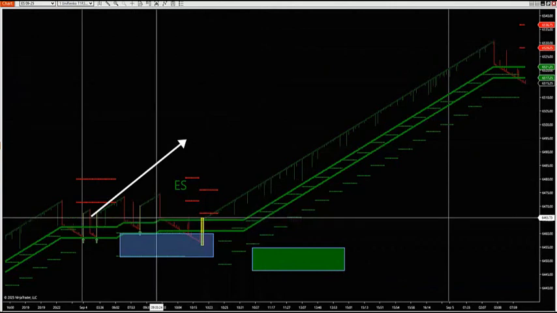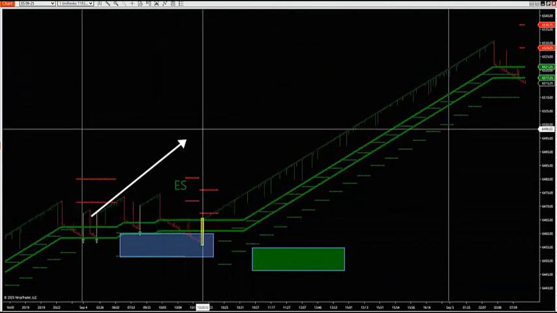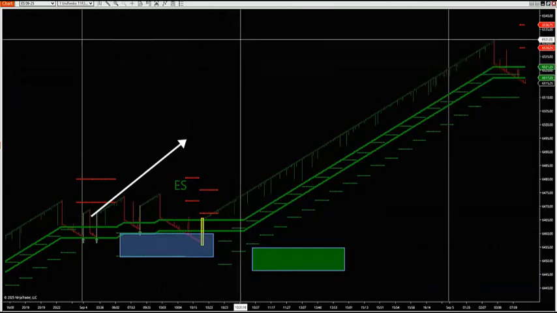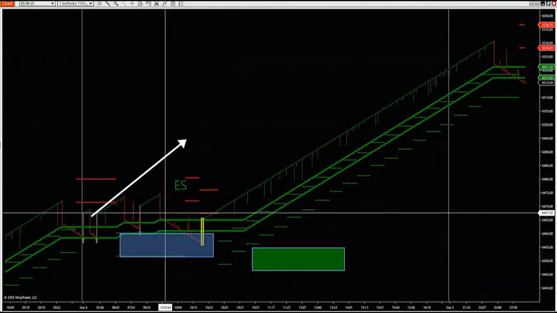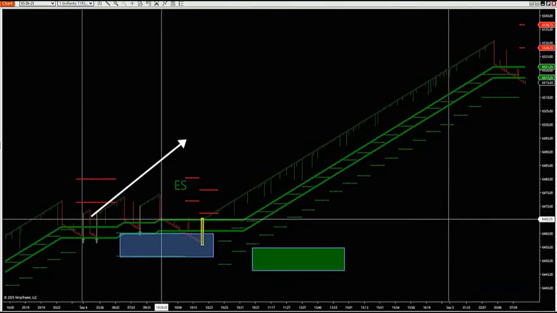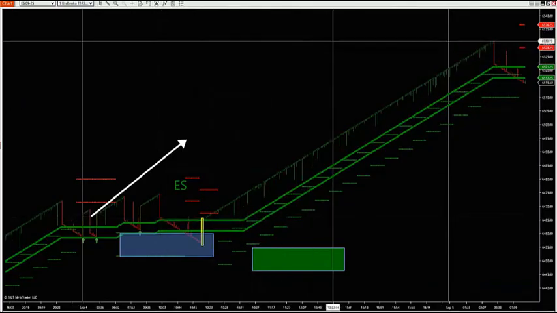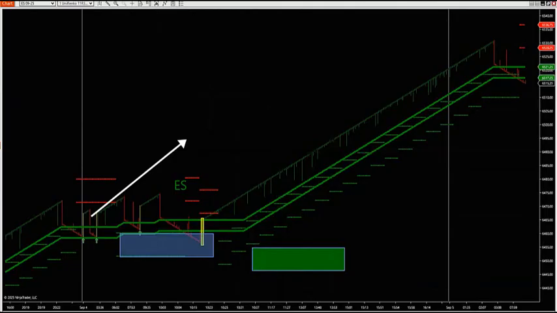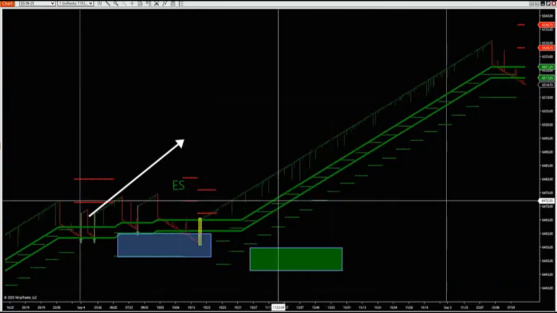So 64.65, 65.31. Look at that push. Really a big, giant move in the S&P. 64.65 to 65.31: a 60-point potential move on the S&P, and it was vertical. It just kept going up.